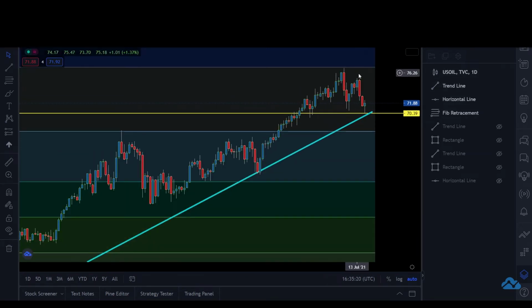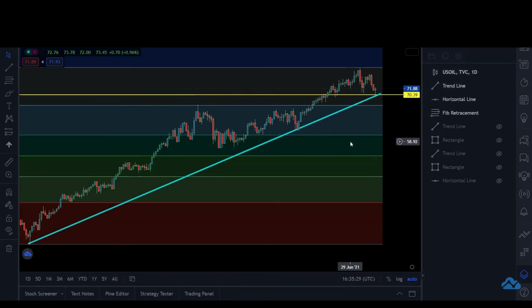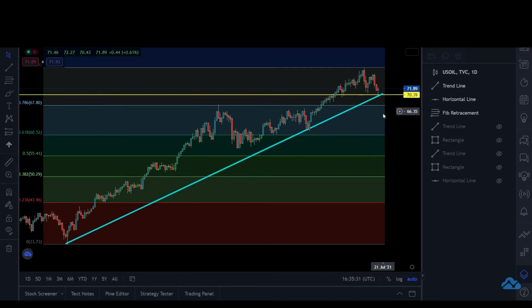But if the market does enter a downtrend and it breaks below this trend line, and it sells below the support here, there's a possibility it could retrace to where? $55, 50% of the last big move, from the low to the high, 50% level here. So what would you do if you're selling the oil market in the future because you see it breaks below support, which is a bearish sign?